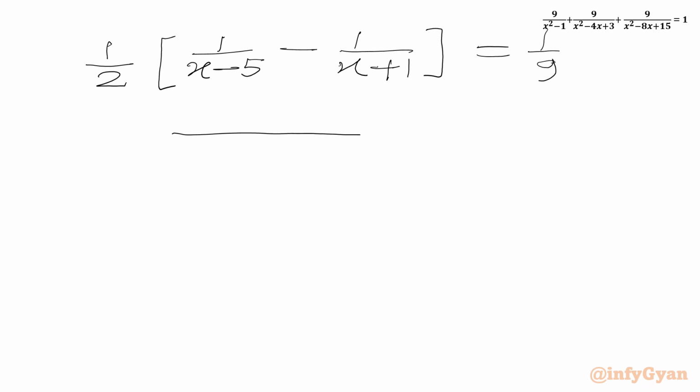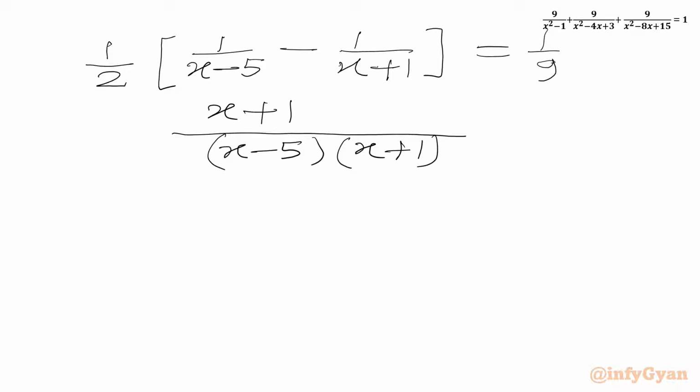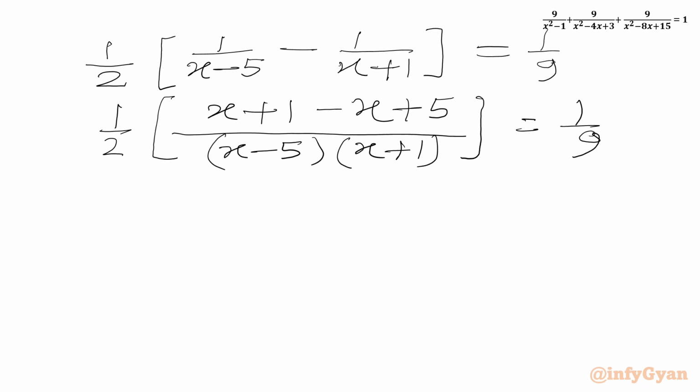Now we will write here the product of denominators. So x minus 5 times x plus 1. In numerator we will write x plus 1 minus x plus 5. Multiplier is half. RHS is 1 over 9. Now plus x and minus x will be over. 5 plus 1 is 6.